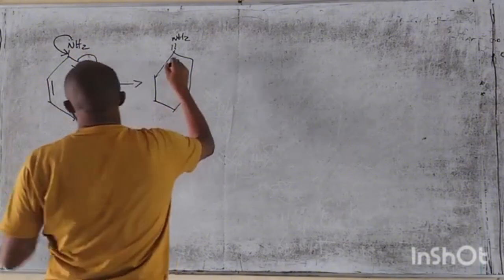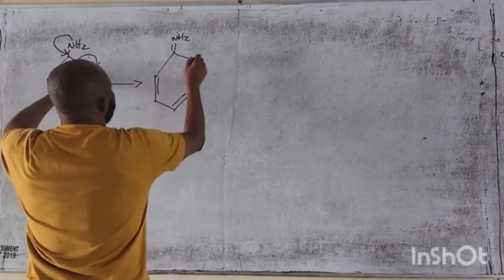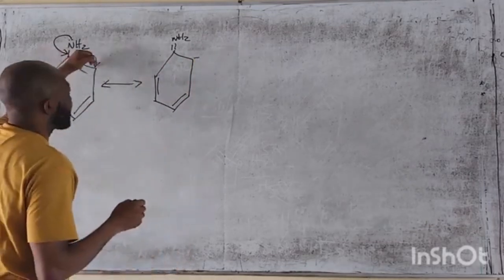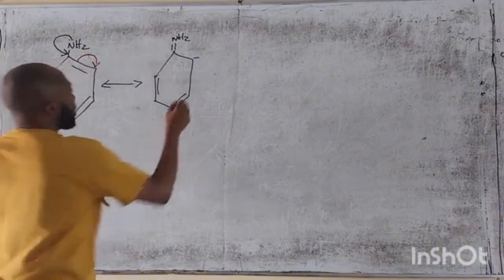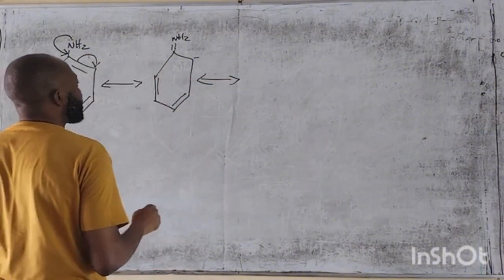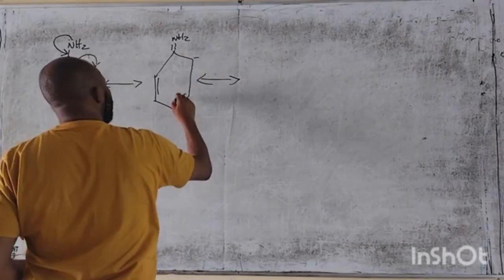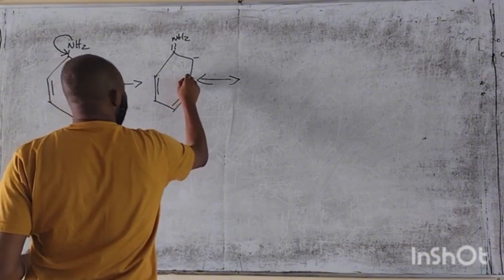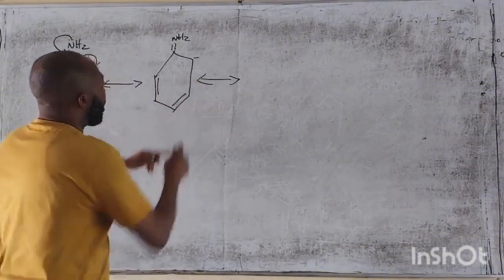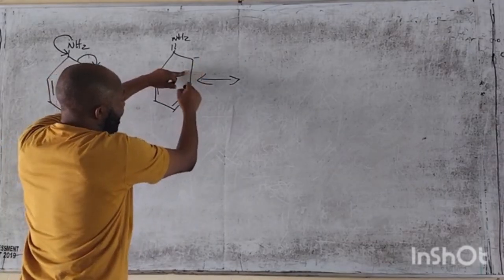So now I have here, obviously, one here, and here becomes minus, because this one moved down here. Okay, I move down again. So if this is minus, this is ortho. If I move this one here to this place, this becomes positive.